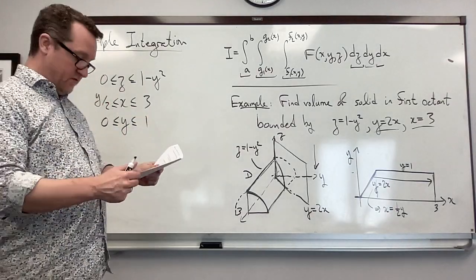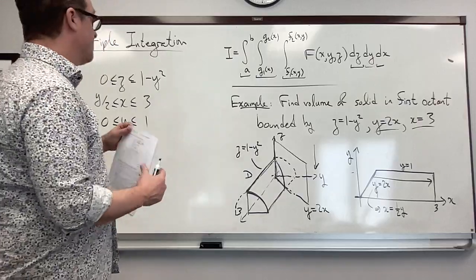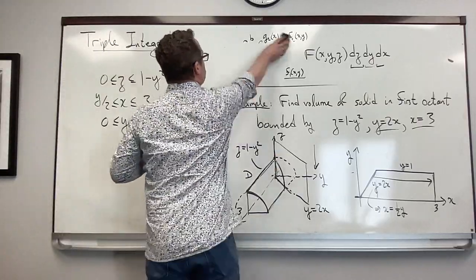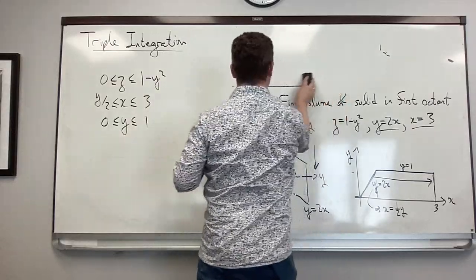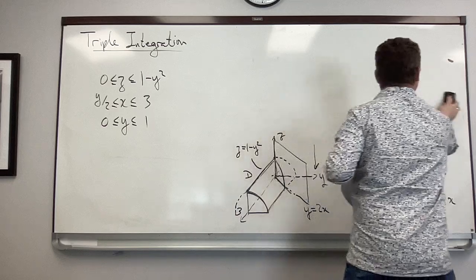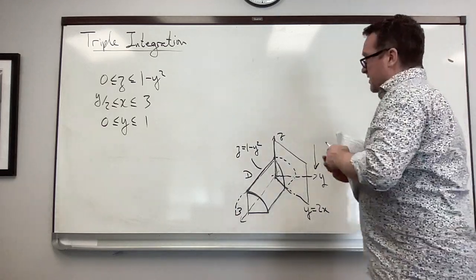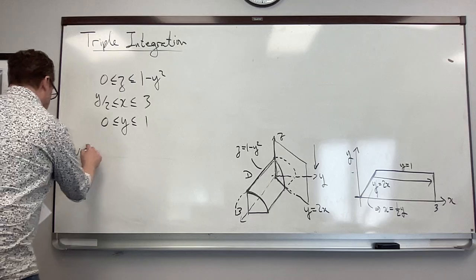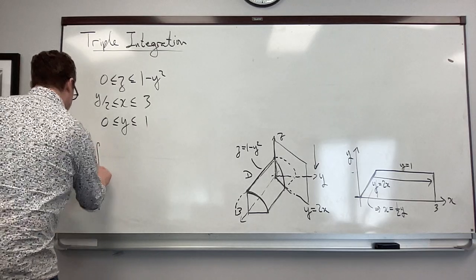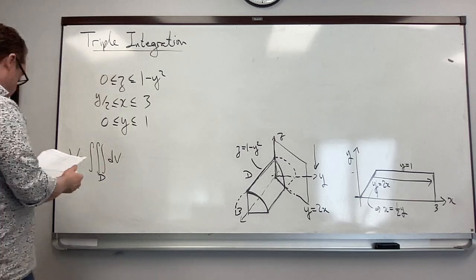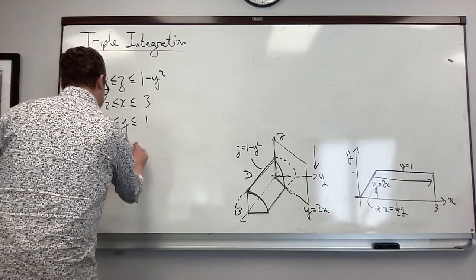The rest of it is kind of easy. I'll keep this picture here and work around it. I'm going to erase this, but we'll leave the diagram. Our volume is the triple integral of dV.